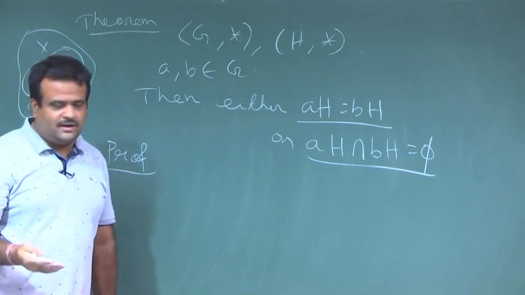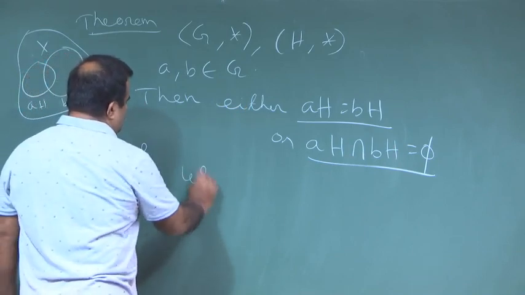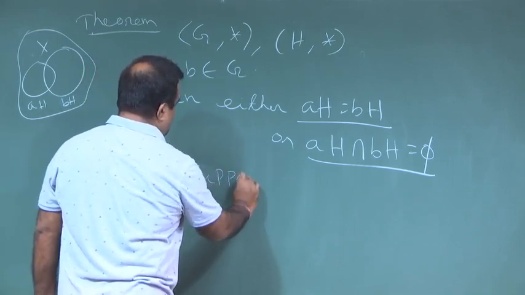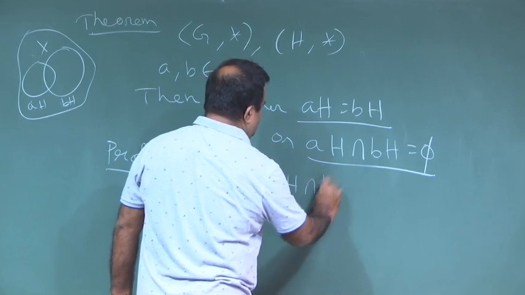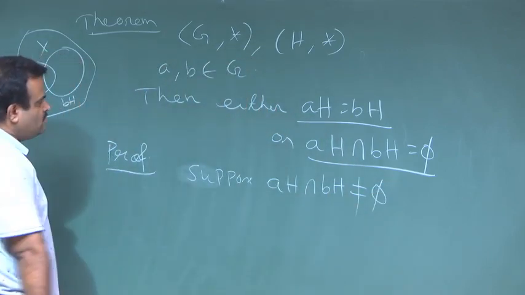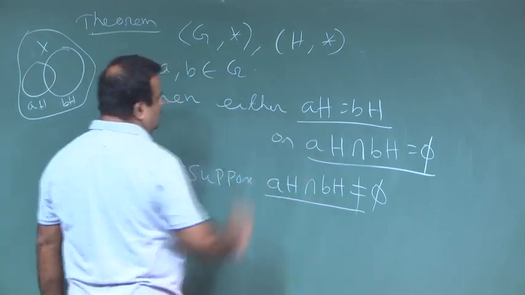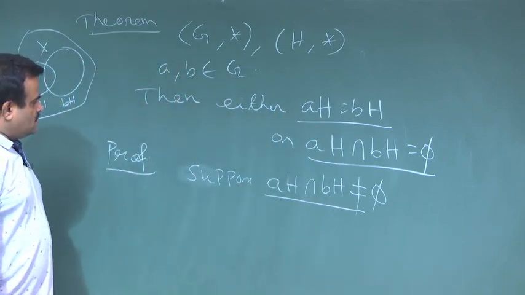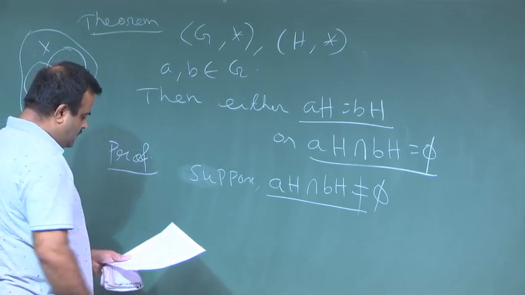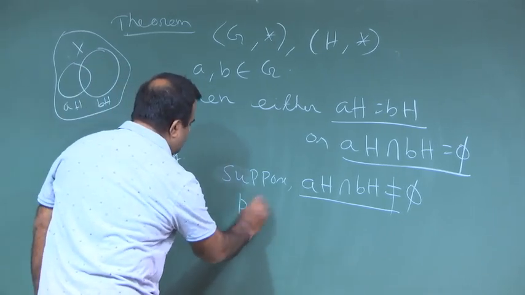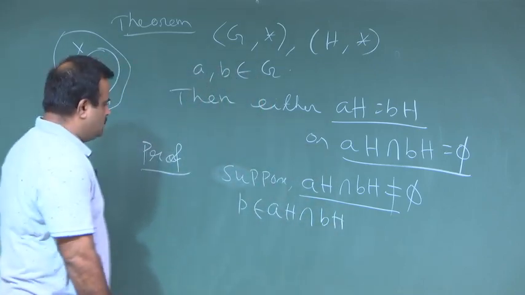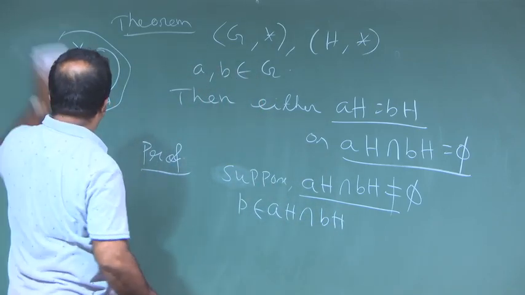If they are not disjoint, if there is a common element, suppose aH intersection bH is not empty, then we will show that aH is equal to bH. So, how to proceed? There exists a p belonging to their common part, because they are not disjoint. So, this implies, we will wrap this.